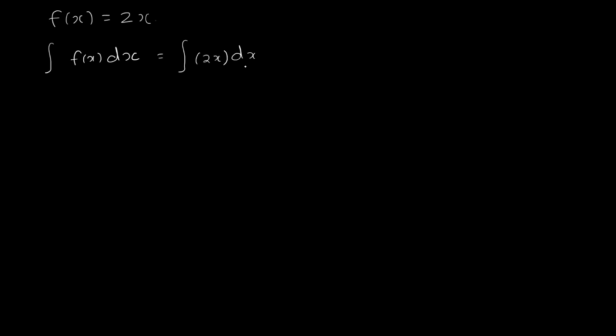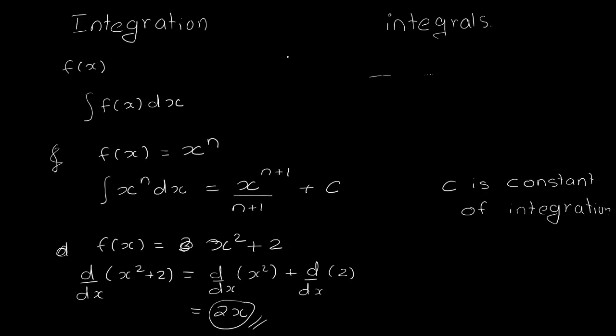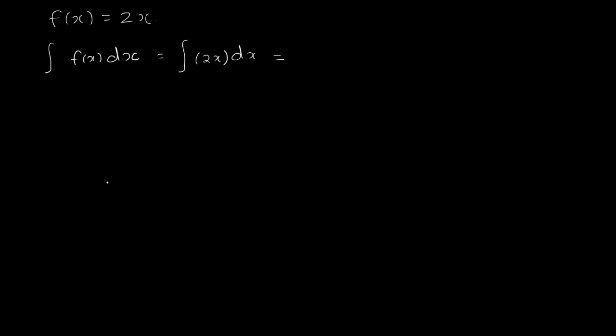Here also, if there is any constant, it will come out, similar to derivatives. So 2 is a constant, 2 comes out, and what remains inside is x dx. It is x raised to 1, so here n is 1.